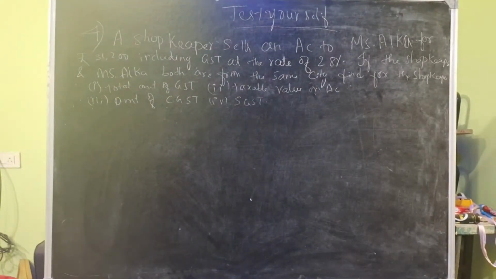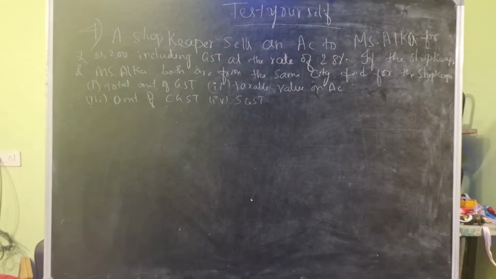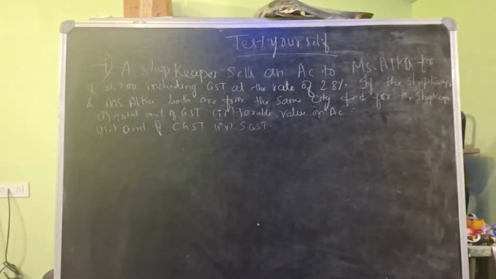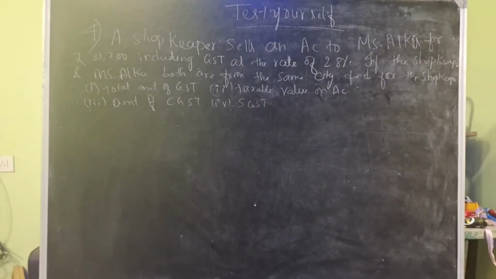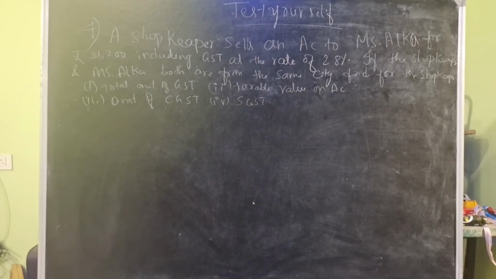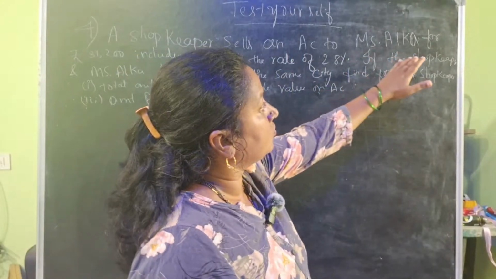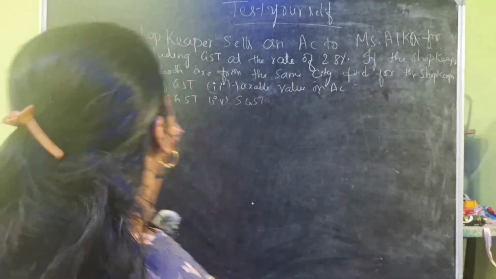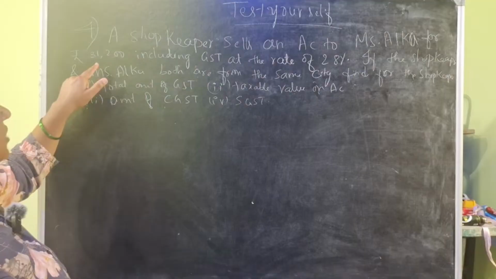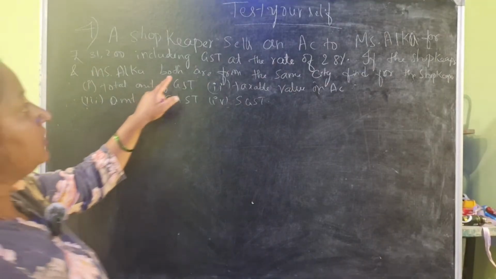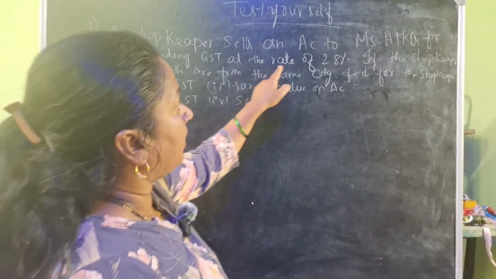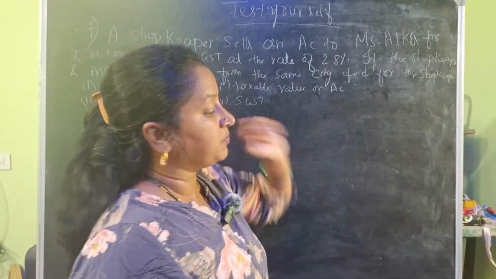Hope the board is visible to you all. A shopkeeper sells an AC to Miss Alka for rupees 31,200, including GST, at the rate of 28%.